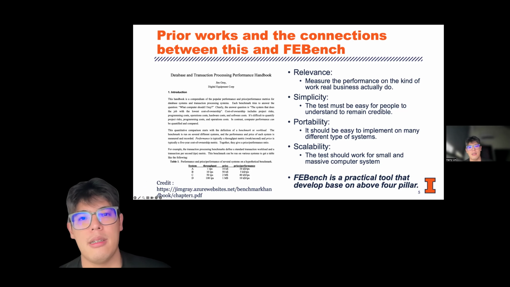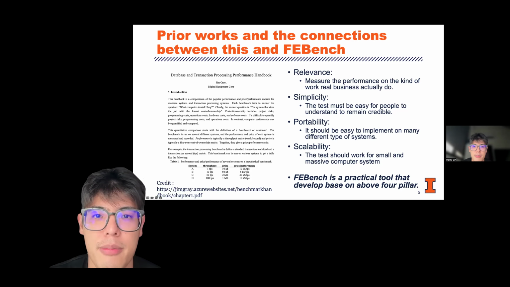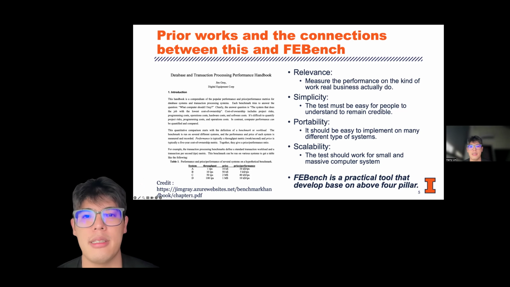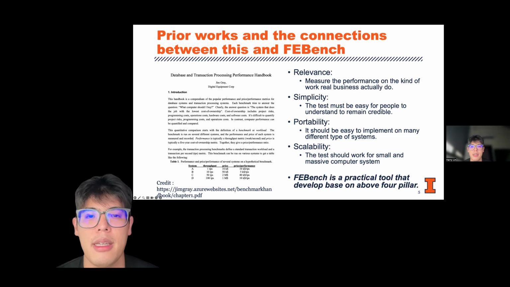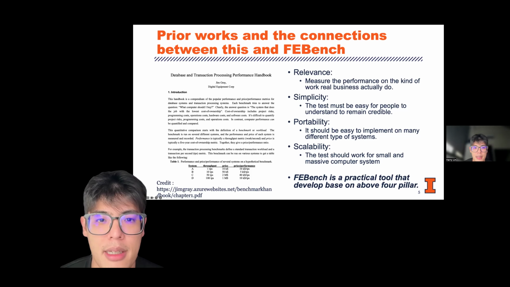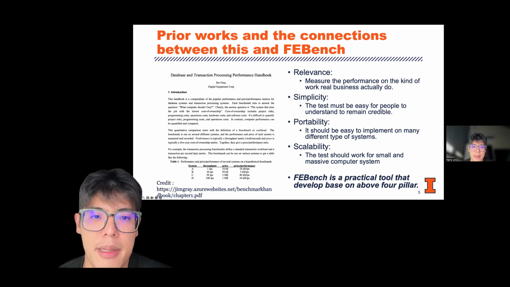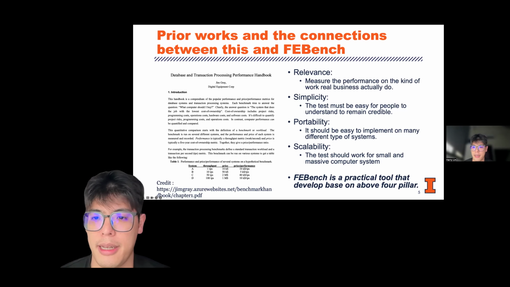Relevance means it measures the performance of the kind of work real businesses actually do. Simplicity means the test must be easy for people to understand to remain credible. Portability means it should be easy to implement on many different types of systems. And following that, scalability is about the test being the same for small and massive computers.